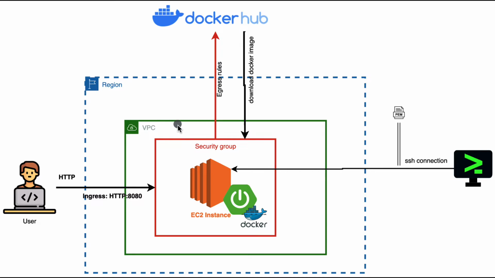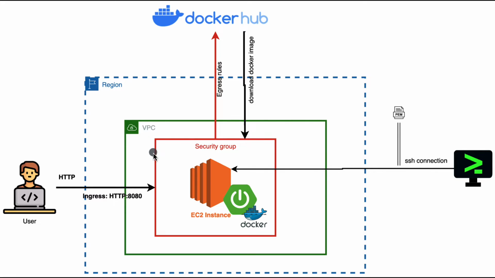A VPC enables you to define your own IP address range, configure network routing, create subnets, and control inbound and outbound network traffic. So it provides a way to organize and secure your AWS resources within a network architecture that you design and control. Then we have our security group.